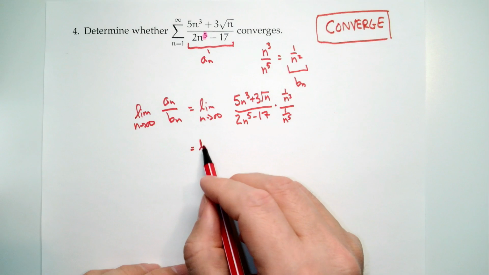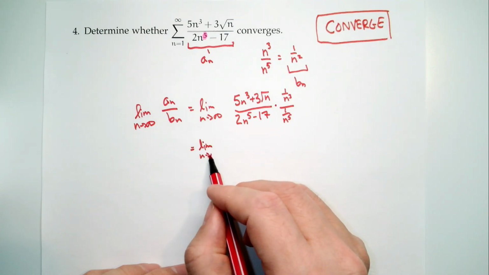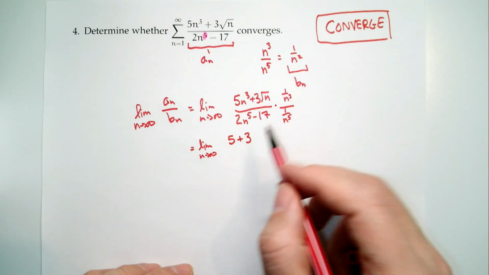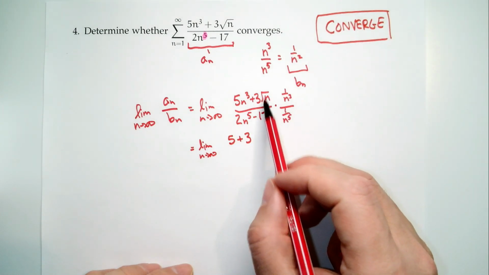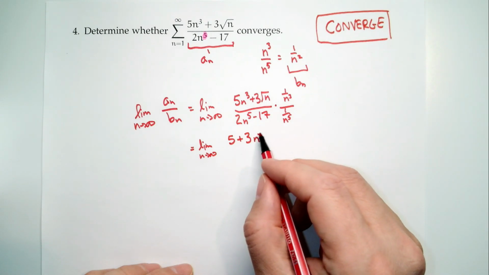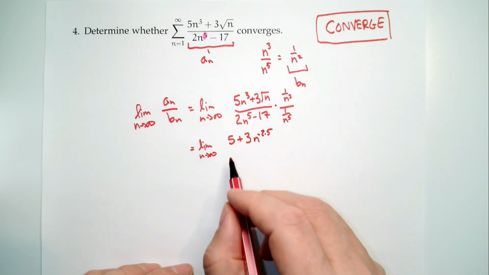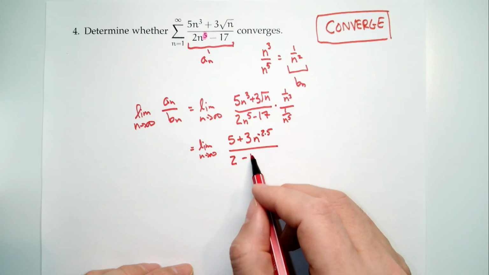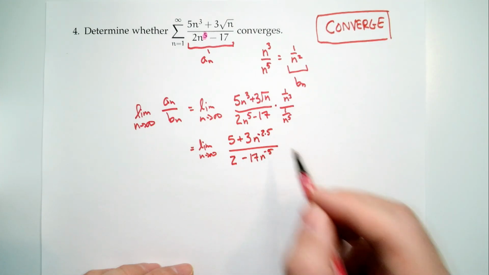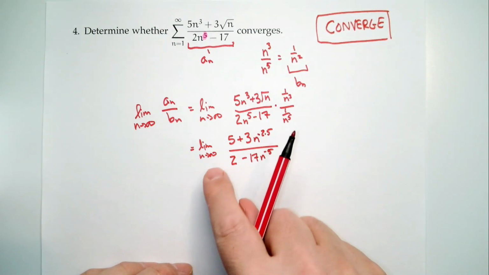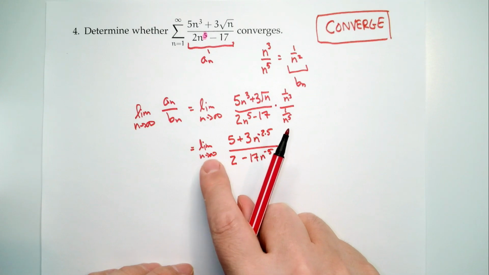So this is the limit as n goes to infinity. On the top, 5 plus 3 times the square root of n over n cubed, which I'll write as n to the minus 2.5. Downstairs we're going to get 2 minus 17n to the minus 5. Then what happens as n goes to infinity?